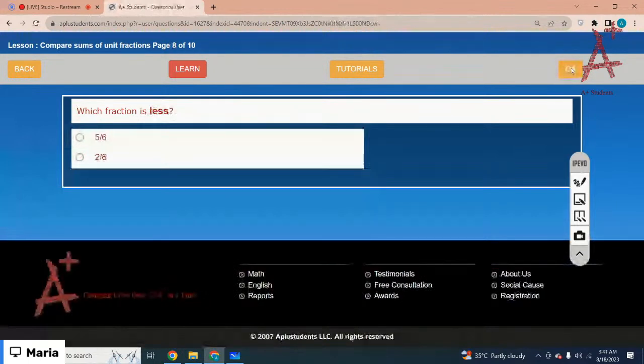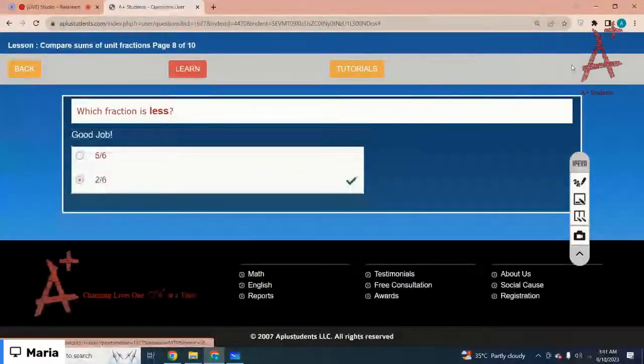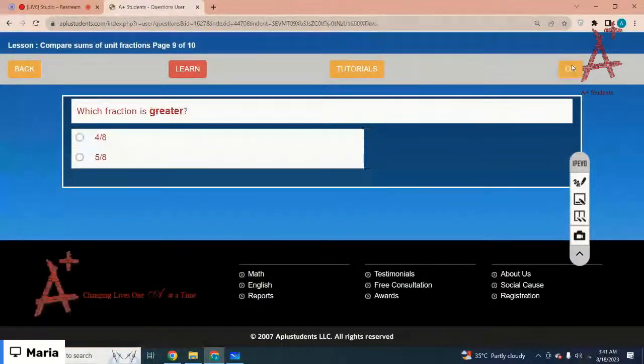Which fraction is less? 5 over 6, 2 over 6. 2 over 6 is less, right? Which fraction is greater?